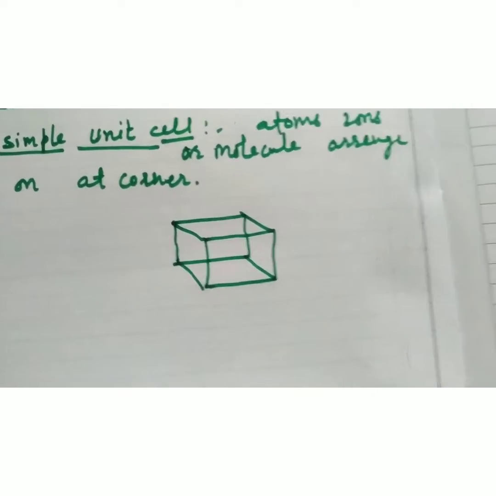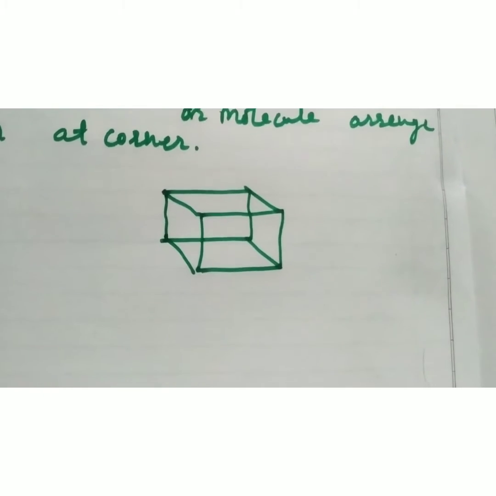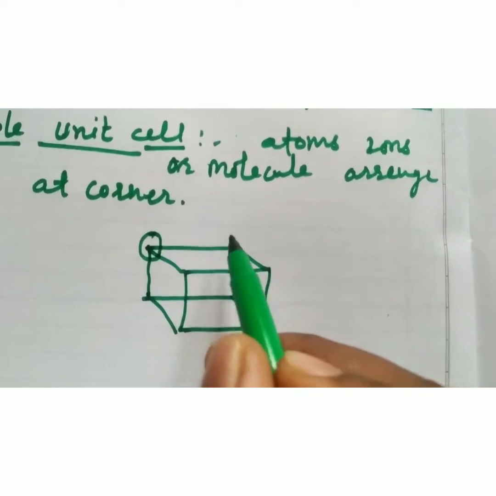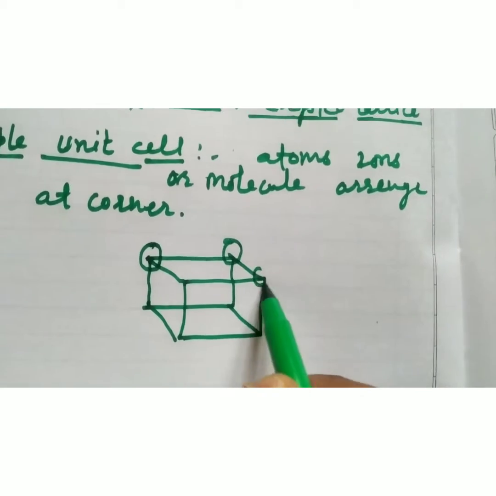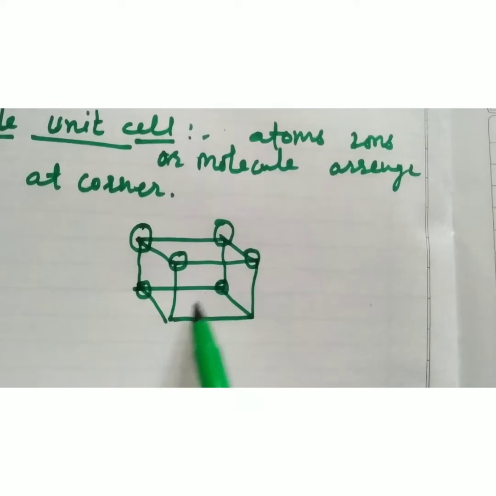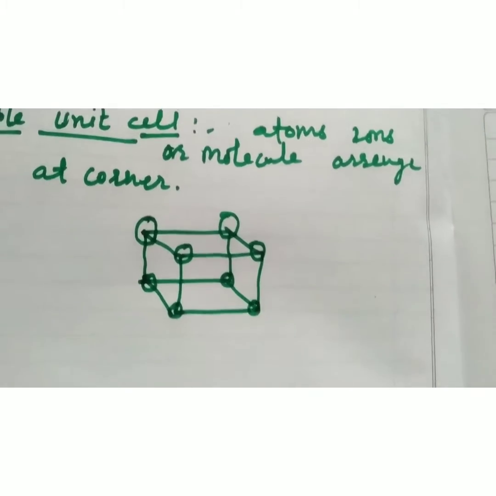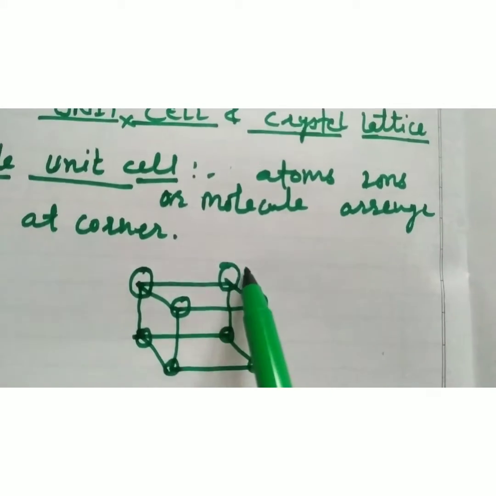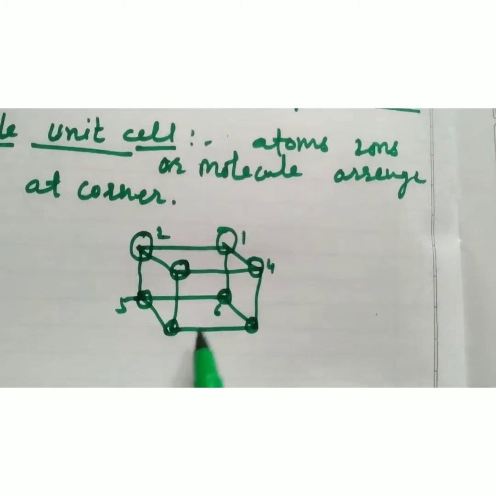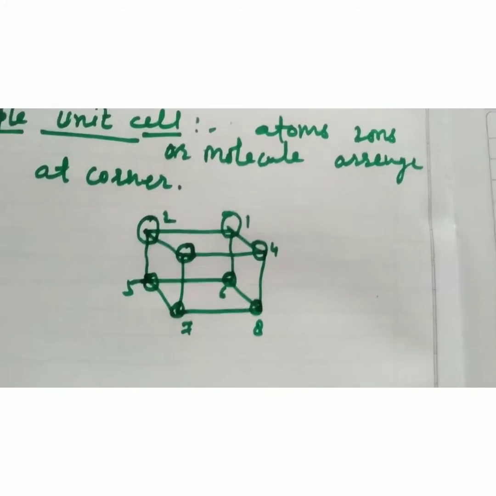The simple unit cell has atoms, ions or molecules arranged only at the corners. There are 8 corners in a simple cubic unit cell. Just count them: 1, 2, 3, 4, 5, 6, 7 and 8.